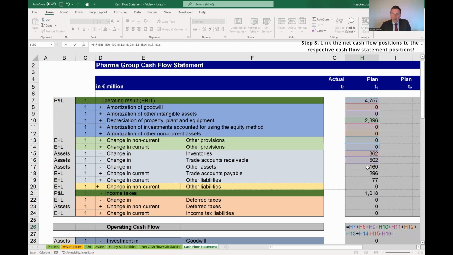These are the working capital components minus, and then I plus the liability parts of the net working capital. And then I'm done, and then I add the other change in non-current other liabilities.